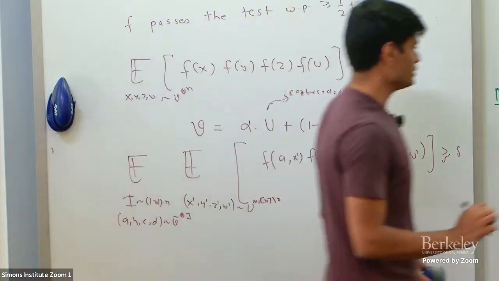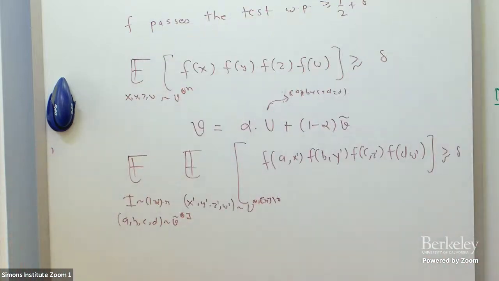In the picture, it just means that I first select these coordinates, then fill in these entries according to nu tilde, and then the remaining I just fill in according to the uniform distribution on the 4 bits.